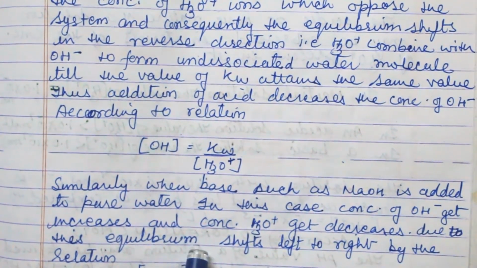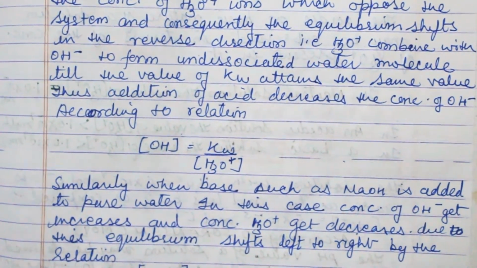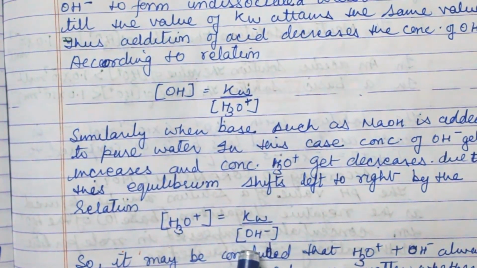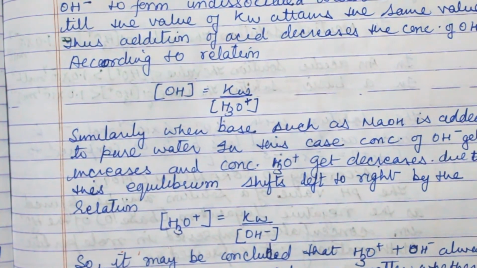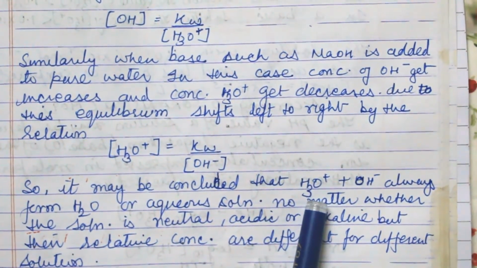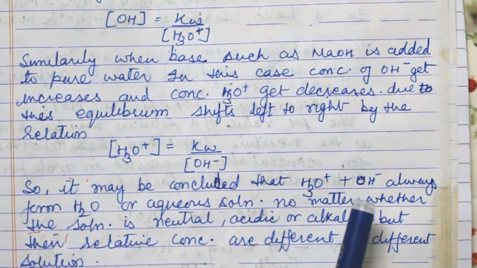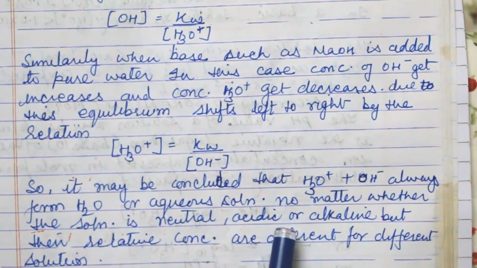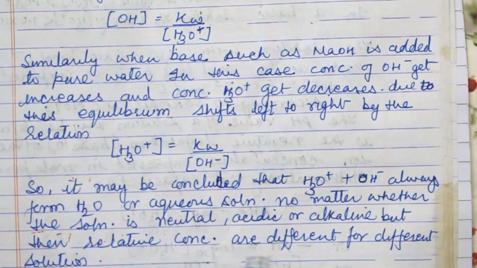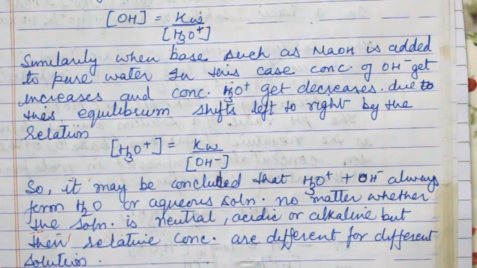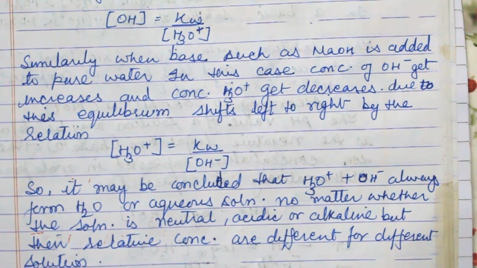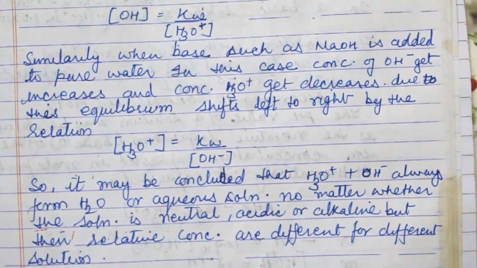Due to this the equilibrium shifts left to right, but the relation is that hydronium ion is equal to Kw upon hydroxyl ion. So it may be concluded that hydronium ion and hydroxyl ion are always present in water or aqueous solution, no matter whether the solution is neutral, acidic, or alkaline, but their relative concentrations are different in different solutions because equilibrium stabilizes both sides.